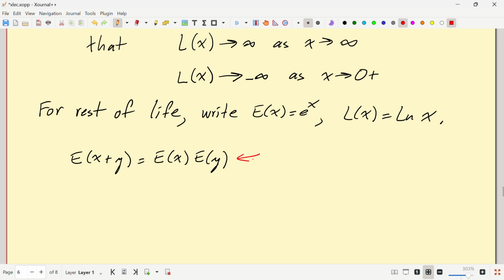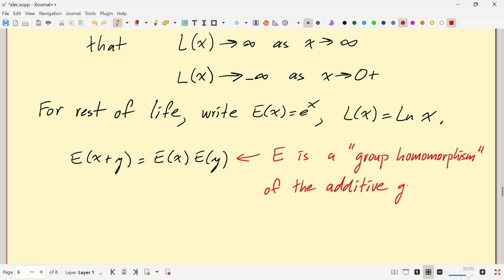That shows this e is a group homomorphism of the real numbers, the additive group of the real numbers, to the multiplicative group.